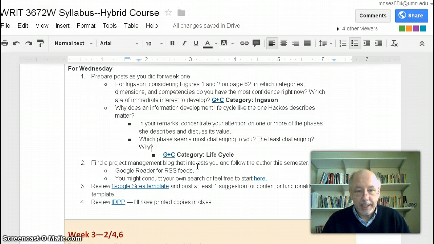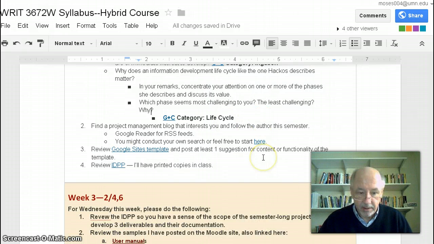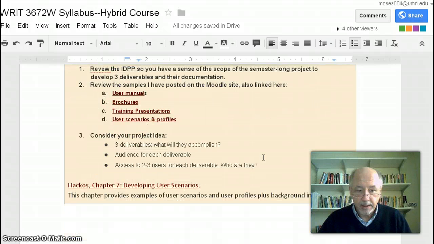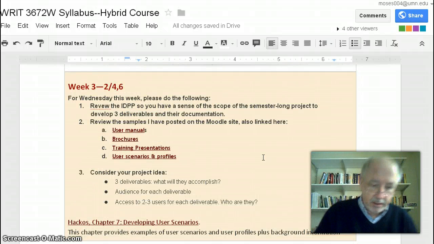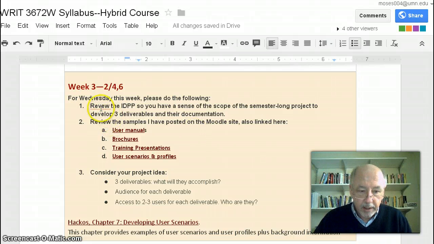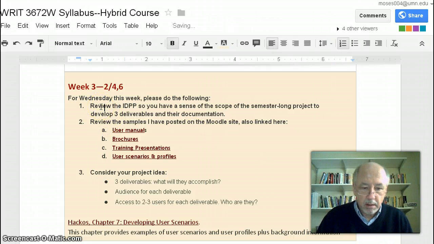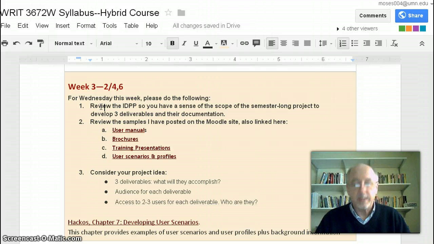So as you dig into the Information Development Project Plan, that takes us into this week. And so for Wednesday, what I'd like you to do is, if you haven't already, review that plan in greater detail, so you have a sense of the scope of the semester-long project, and develop your questions about how this thing is supposed to go.